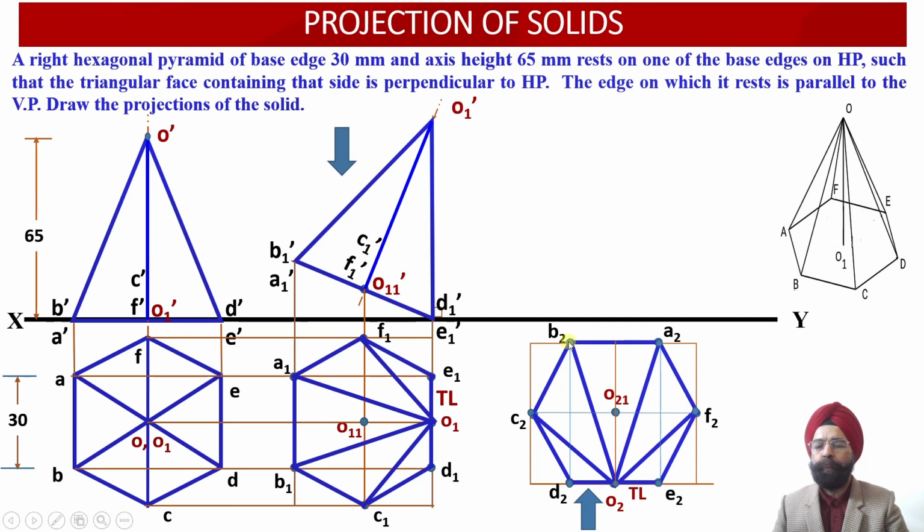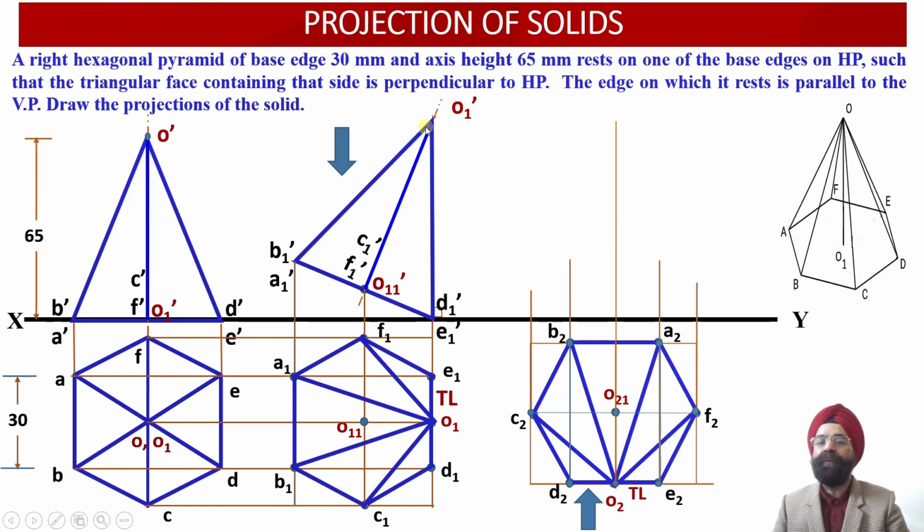Now through these 8 points, we are going to draw the vertical projector lines and extend them into the elevation projection view in such a way that these vertical projector lines should be intersecting with the horizontal projector lines drawn through the elevation projection view which we had obtained previously over here.